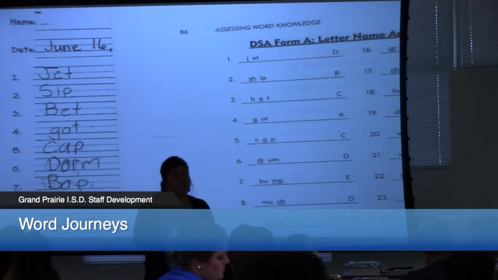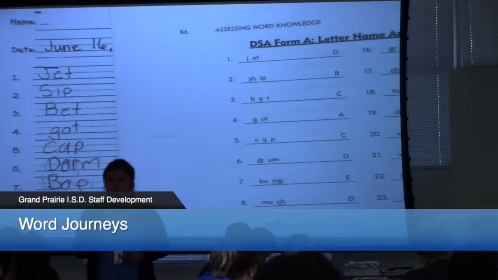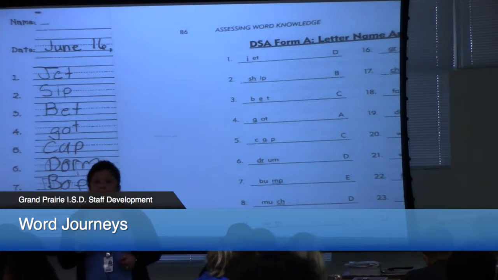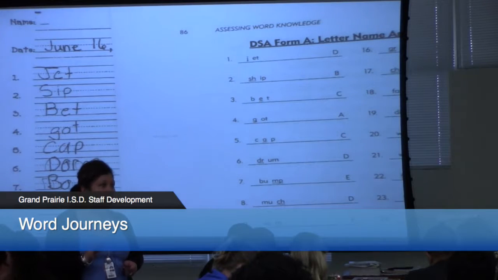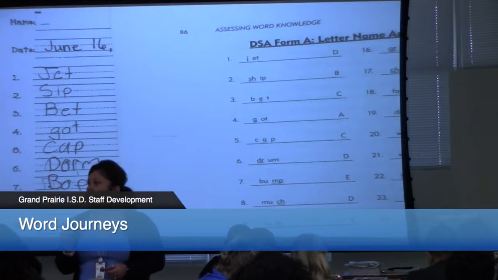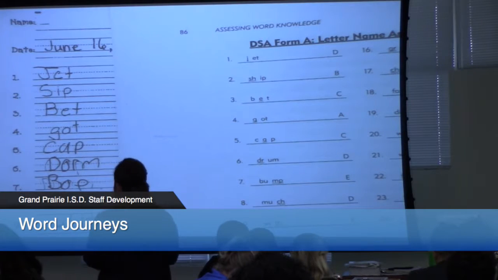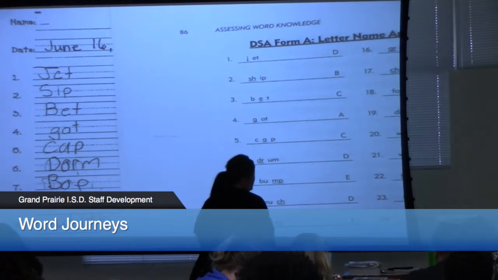The other big piece is that we do not count off for reversals, B to a D, P to a Q, because you're going to see that on some of these.